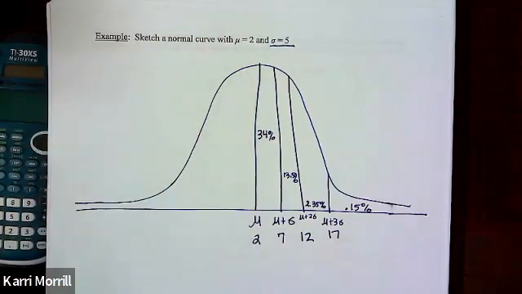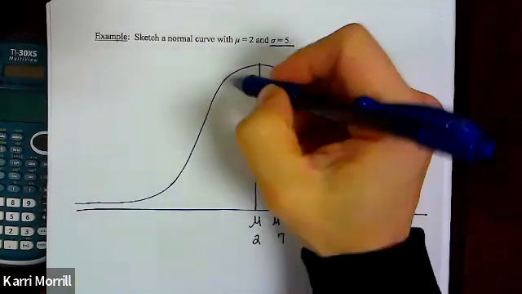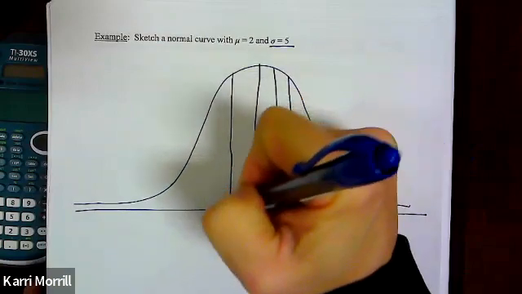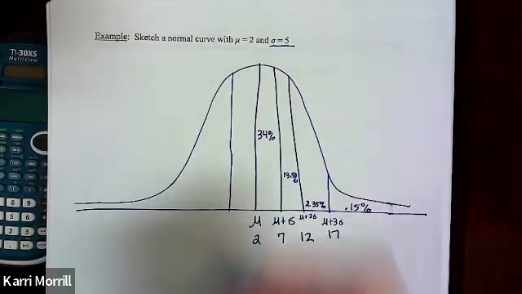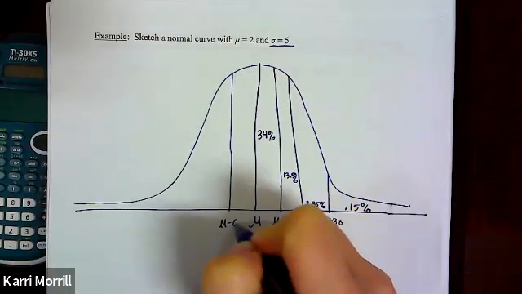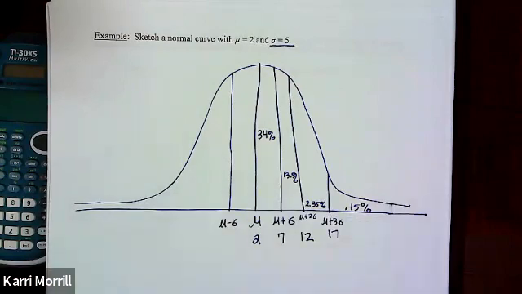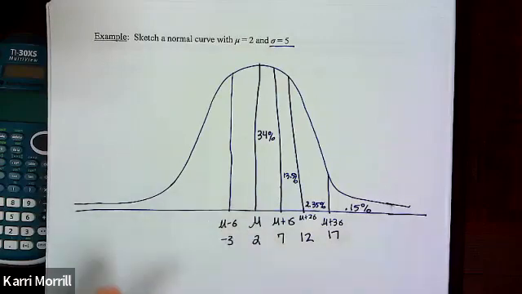And so the left-hand side just means we're doing the same thing, but you'd be subtracting the standard deviation. So you'd say mean minus the standard deviation. So 2 minus 5 is -3. So it's kind of like a number line. You're going to have negatives working its way to positives, or smallest to greatest.